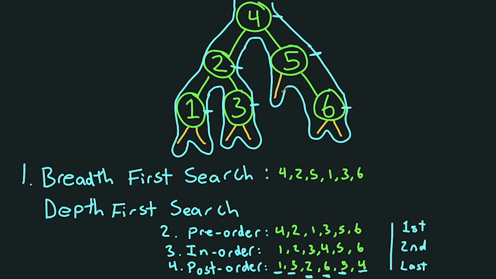So naturally, you might be wondering, why is it that we're saying it's the last time and not the third time? Well, the reason is because this is a binary tree, right? Each node has up to 2 nodes. But what if every node could have up to 3 children?